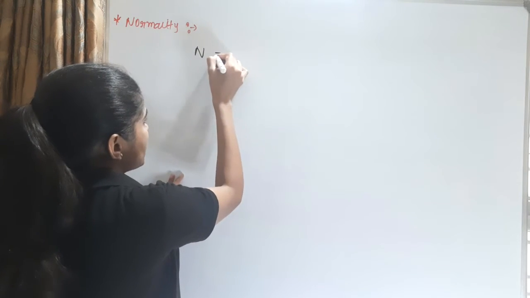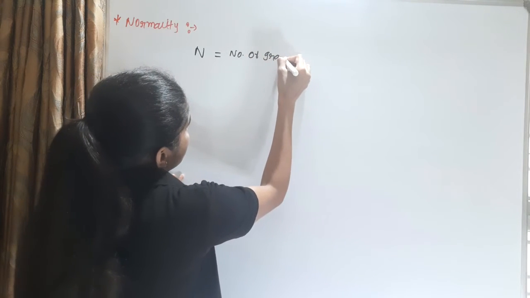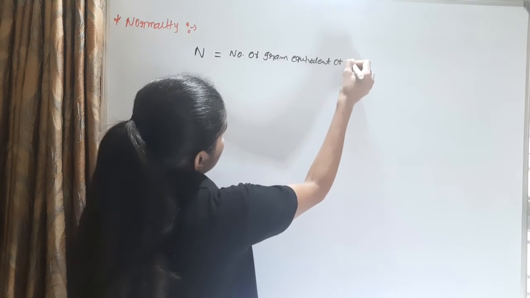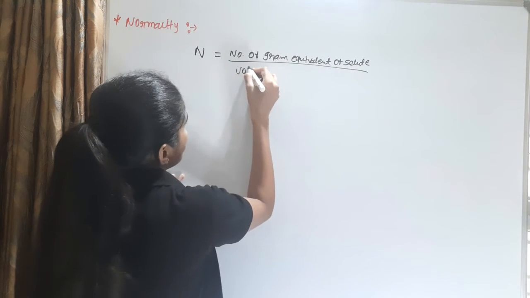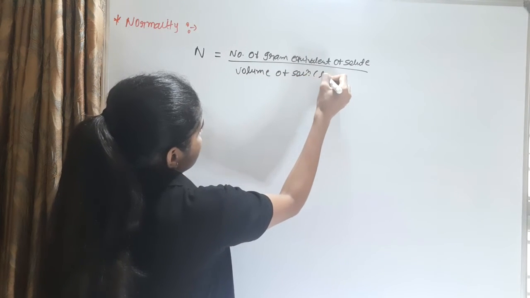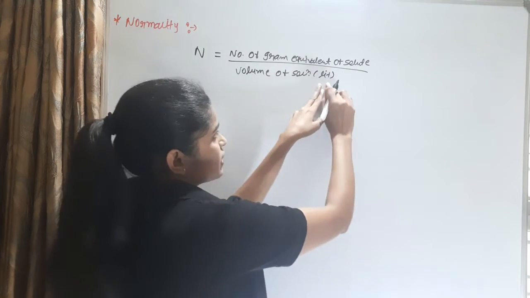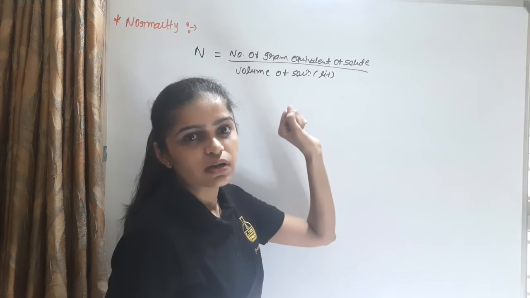It is denoted by N, equal to the number of gram equivalents of solute divided by the volume of solution in liters. If the volume is given in ml or cubic centimeter, it is multiplied with 1000.